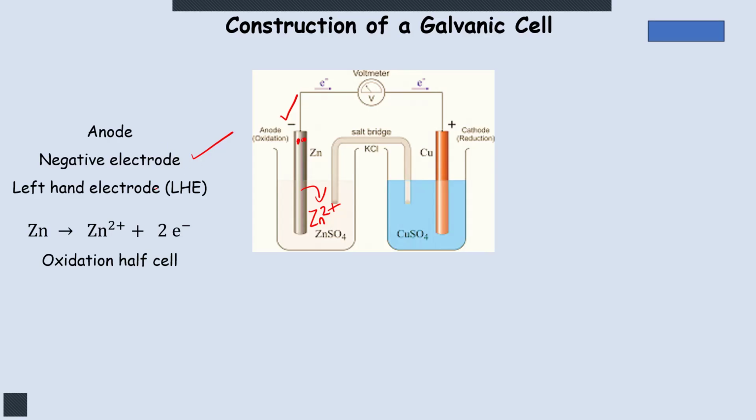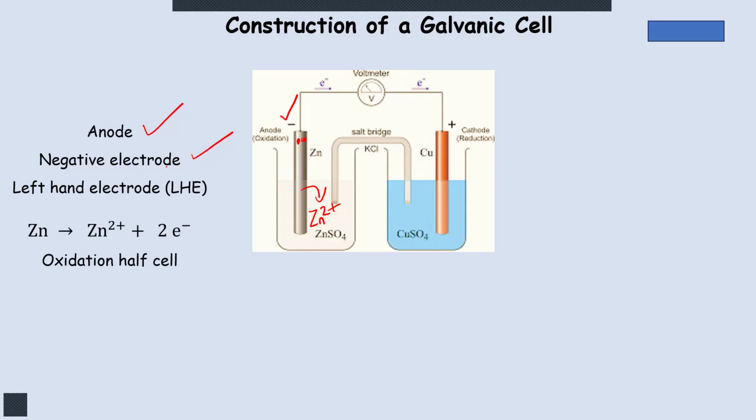By standard definition, the electrode where oxidation takes place is called the anode. So here the zinc rod is an anode. It's a negative electrode. It is an anode. By convention, when we symbolically represent the galvanic cell, there is a method for symbolic representation.